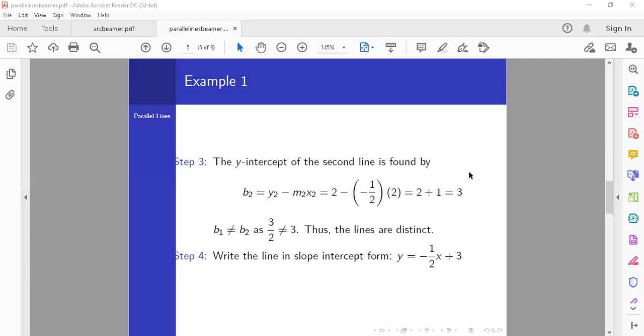We plug it into the formula and we get 3. Now, 3 does not equal 3/2, so the lines are distinct because they have the same slope and different y-intercepts. Finally, we write our slope-intercept form of y equals negative 1/2 x plus 3. So we have our two parallel lines.